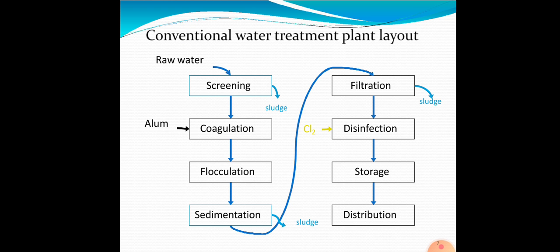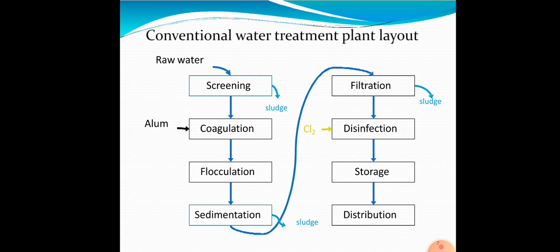Aeration is not a mandatory process, it is just an optional process, and it is not adopted in cases where water does not contain any objectionable taste or odor. Whereas screening is mandatory when it comes to surface water as a source.